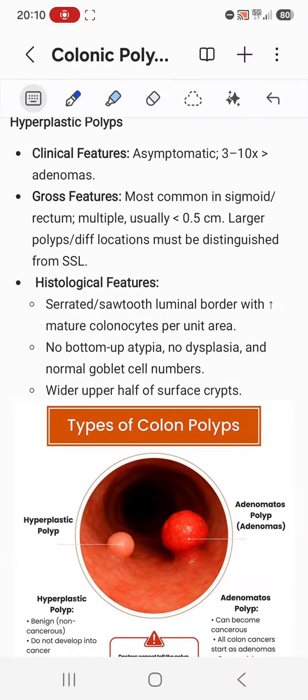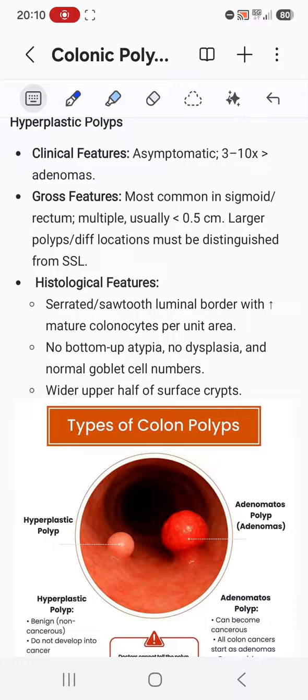The larger ones and those of different locations must be distinguished from sessile serrated polyps, as you'll find both sessile serrated polyps and sessile serrated lesions, which is the same thing, but lesions is the better name for now, as updated by the WHO.